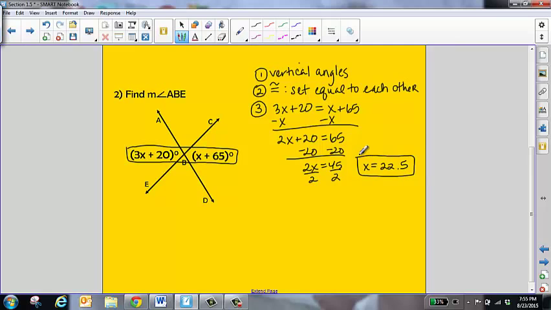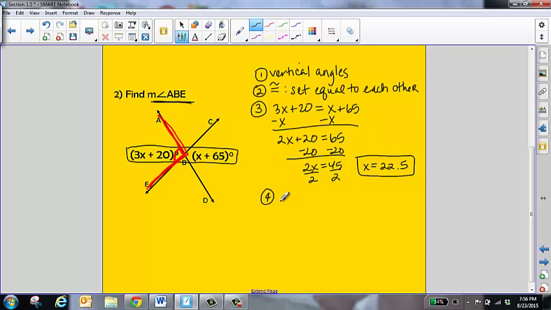Now step 4 that we have listed in our foldable is to substitute if needed. In this case, we're asked to find the measure of angle ABE, so that means we do need to substitute this back in. ABE, if we start at A, go to B, and then over to E, we're looking at this angle here. The expression that's being used to represent angle ABE is 3x plus 20.